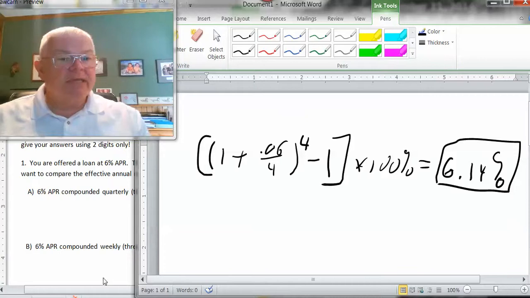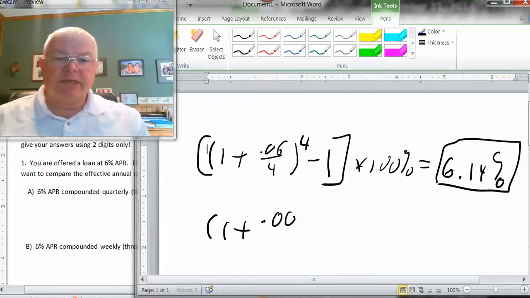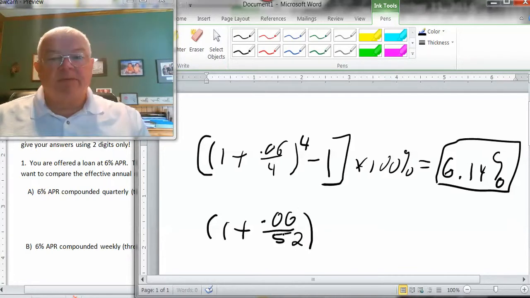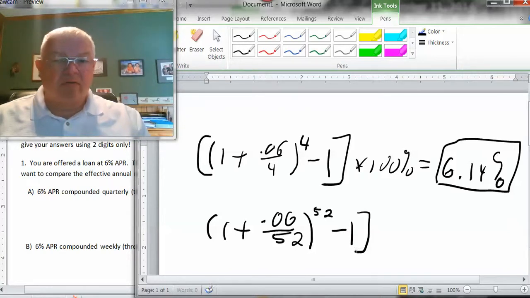Well, the second says it's compounded weekly. Well, same idea. Now we've got 1 plus, only now it's 0.06 divided by 52 weeks in a year. So that's how much interest 1 week would get in a simple sense. And we are going to compound it 52 times. We have to take off the 1. And like I said, I'm not going to really write down the 100%. By the way, I should write this as 1A.